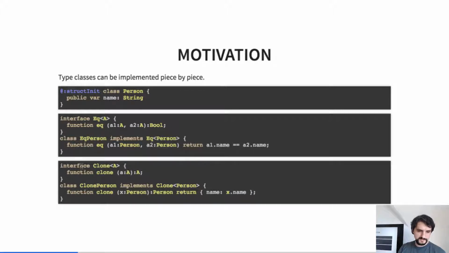It is more or less the same in combination with type classes. You define your data type first, and then you have the different traits that you want to implement, type classes. This is very modular. You can implement them piece by piece.